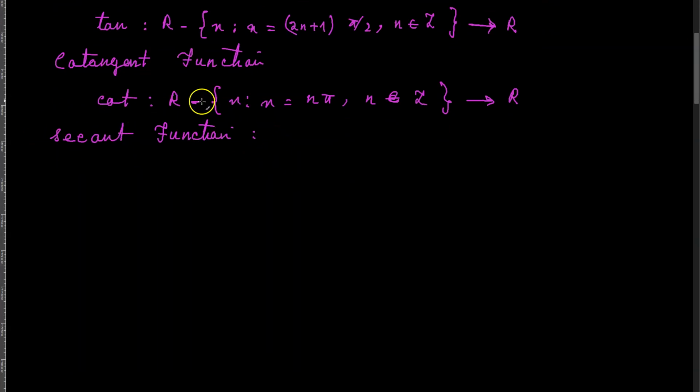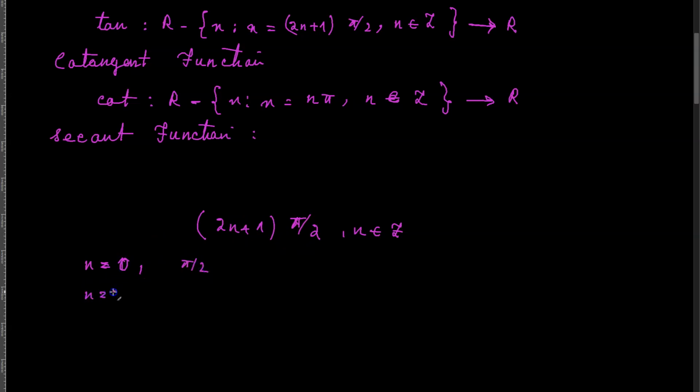For the secant function, if I write 2n plus 1 times pi by 2 and belonging to the set of integers, what happens here is, for example, let's say that n is equal to 0, then you have pi by 2.